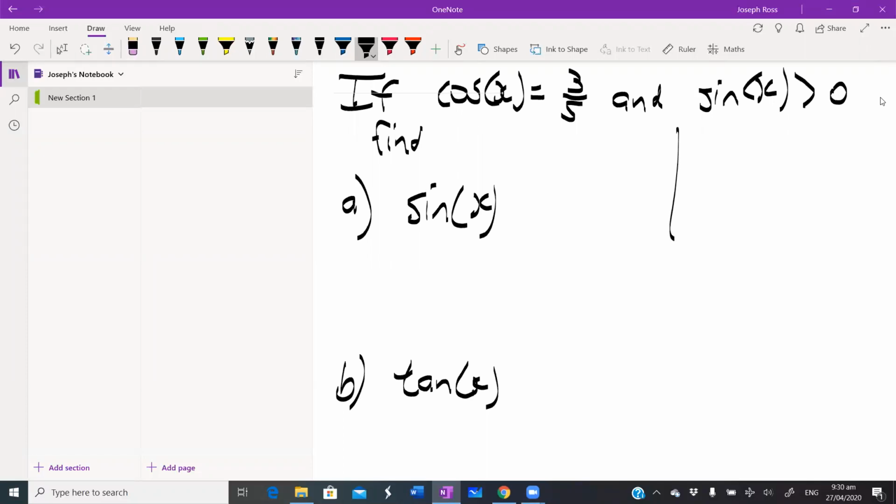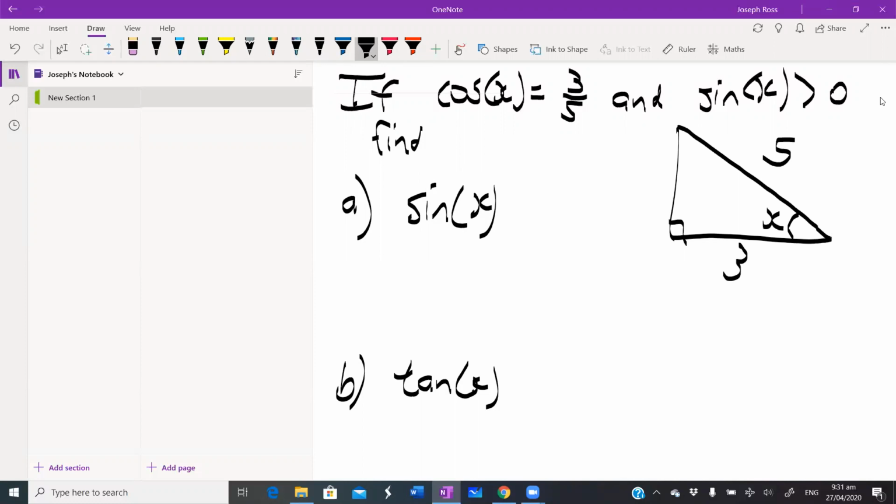So let's draw our right angle triangle, and we're finding cosine of x, which means that in this case x is going to be our angle, and we've got a 90-degree angle in the bottom left there. So our adjacent side is going to be 3. That's the side connecting our right angle to our angle x. And our hypotenuse is 5.